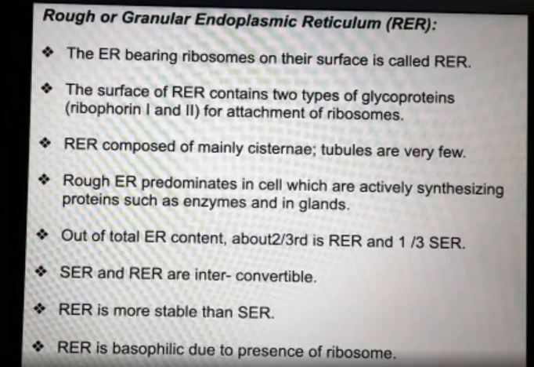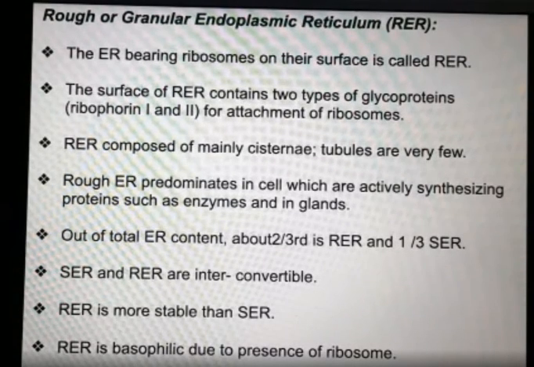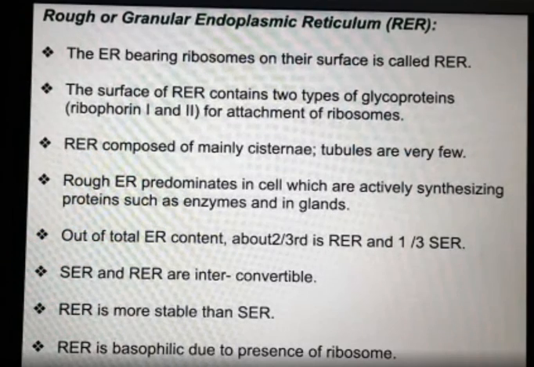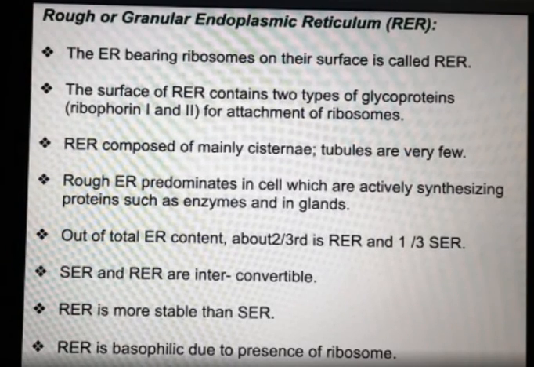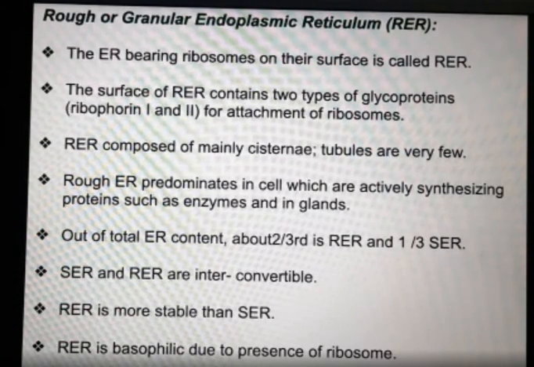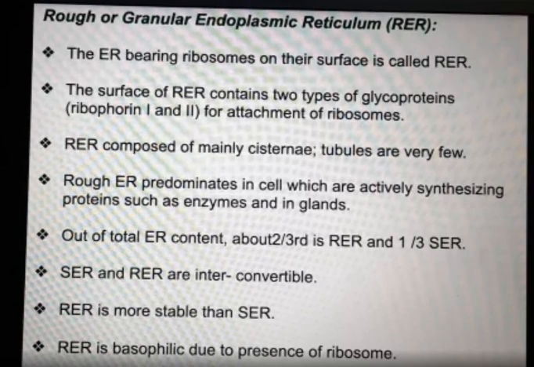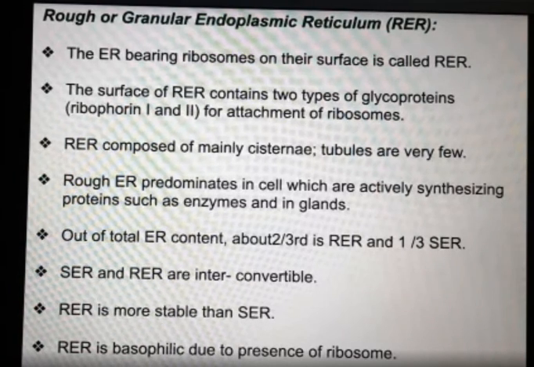Or when the cell is going from the active form to the inactive form, then this endoplasmic reticulum is converted into smooth endoplasmic reticulum. So it depends on the type and the situation of the cells. Rough endoplasmic reticulum is more stable than smooth endoplasmic reticulum. Rough is basophilic due to the presence of the ribosomes.